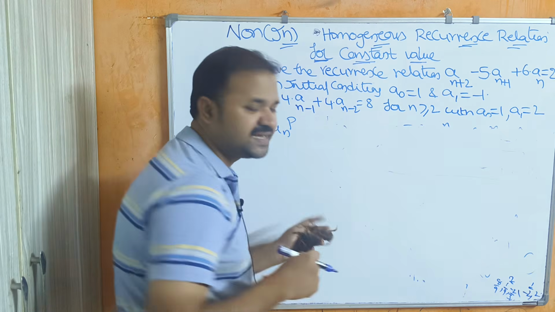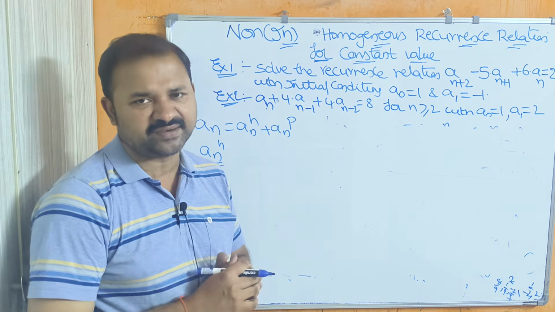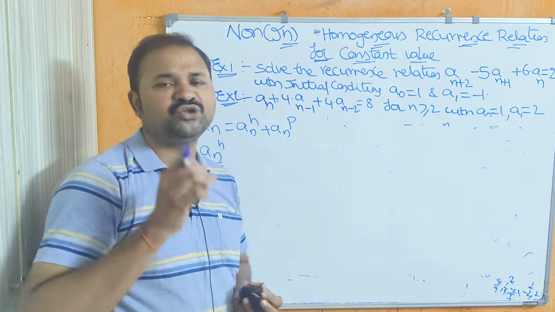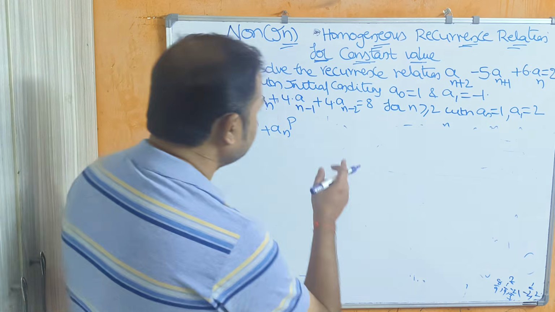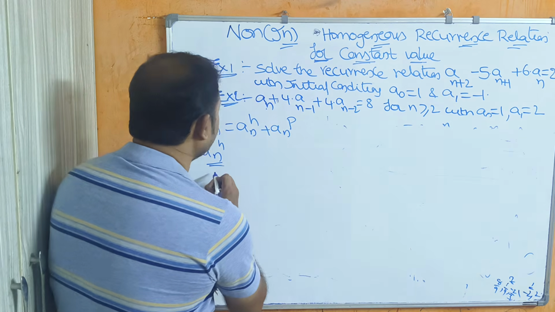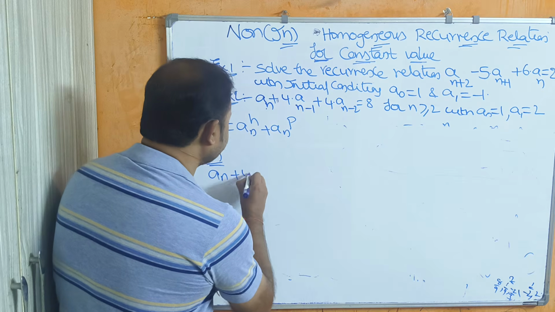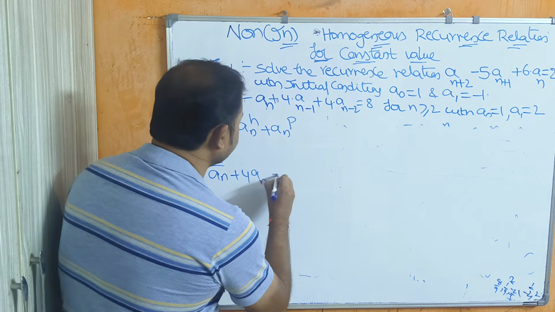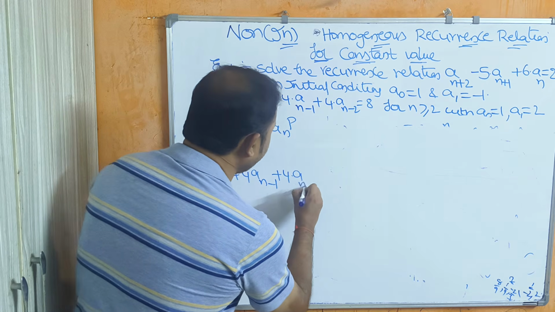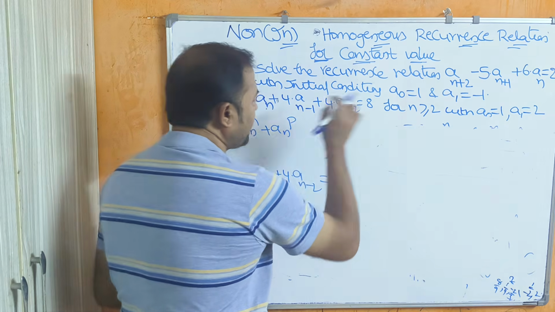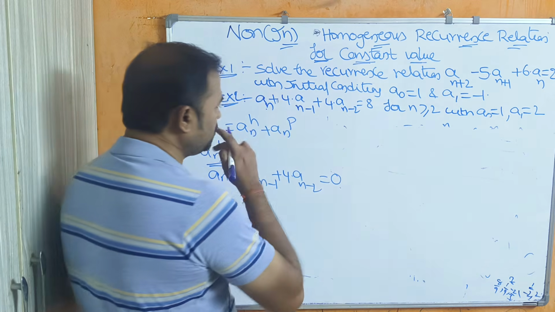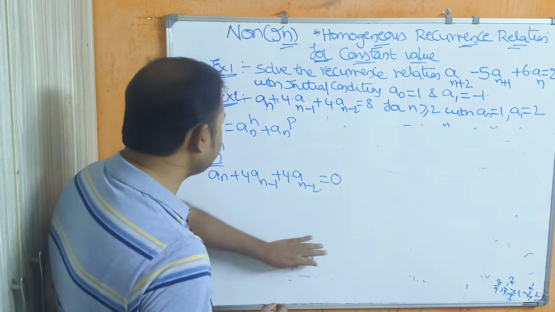So here this h is nothing but homogeneous solution. So we need to substitute 0 at the right hand side. So now the equation will become an plus 4 into an minus 1 plus 4 into an minus 2 is equal to, we have to substitute 0 in place of 8. So this is the equation.